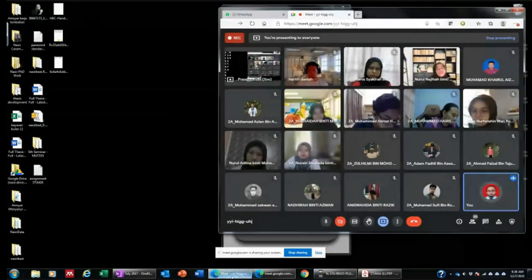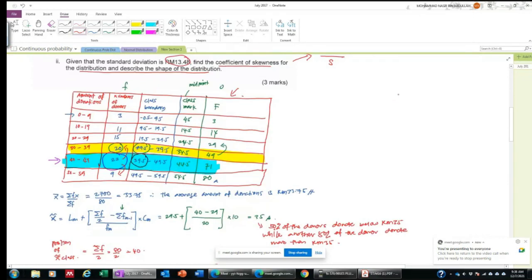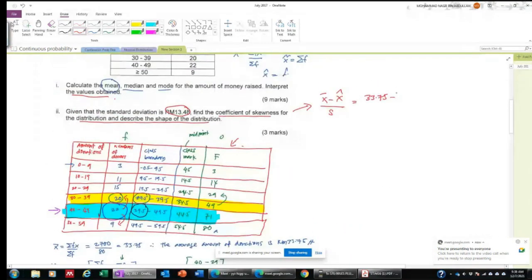So now I think the easiest one is mean minus mode divided by standard deviation. Very simple. So our mean is 33.75 minus our mode, 40.83, divided by our standard deviation, 13.48.